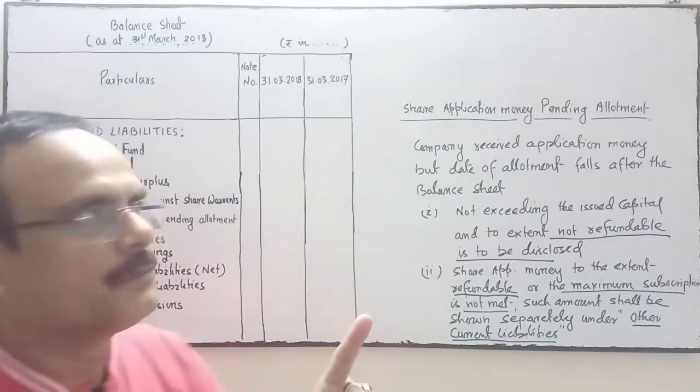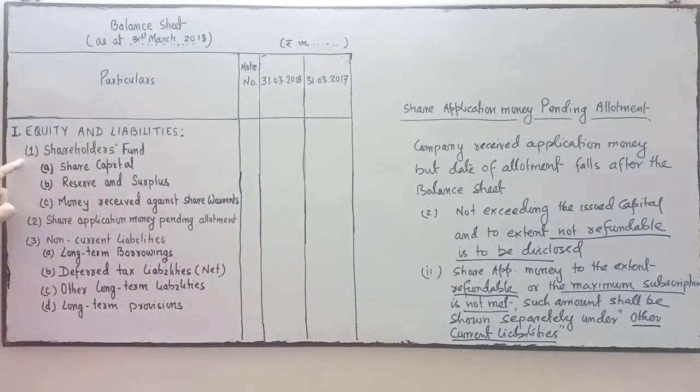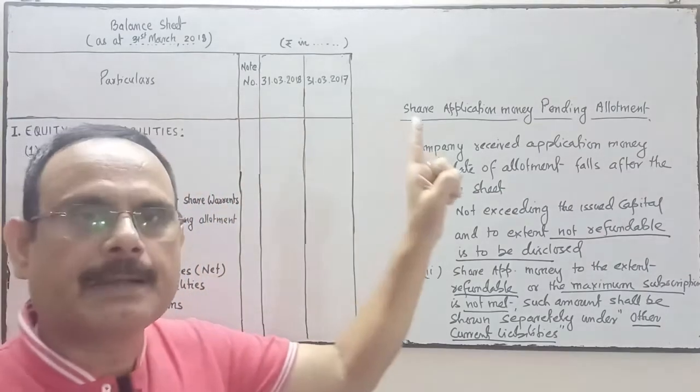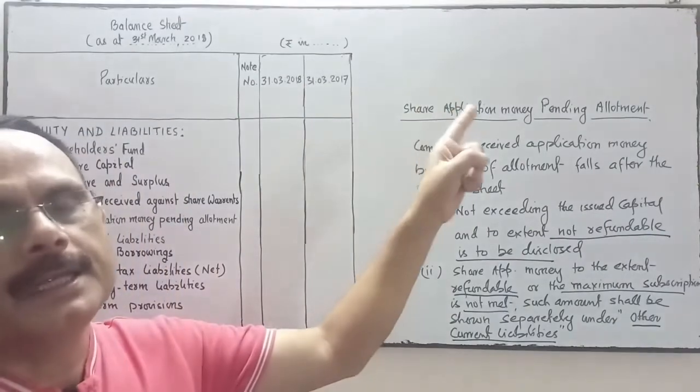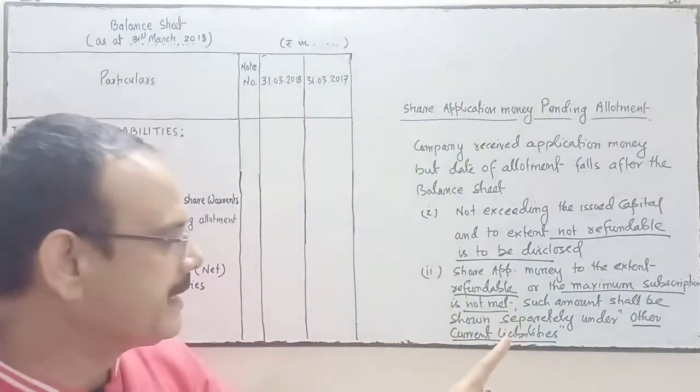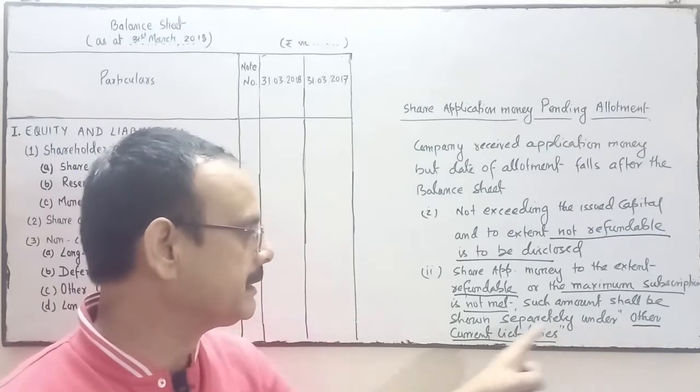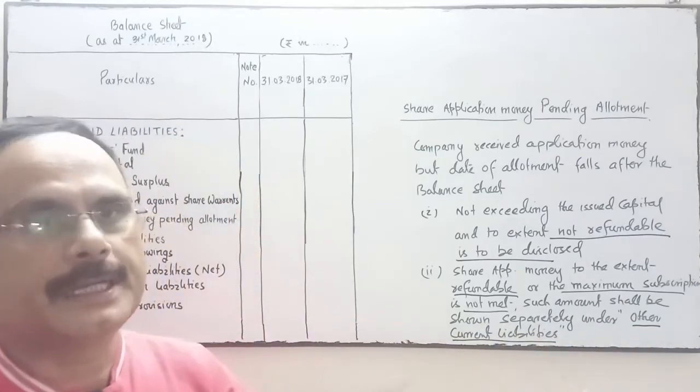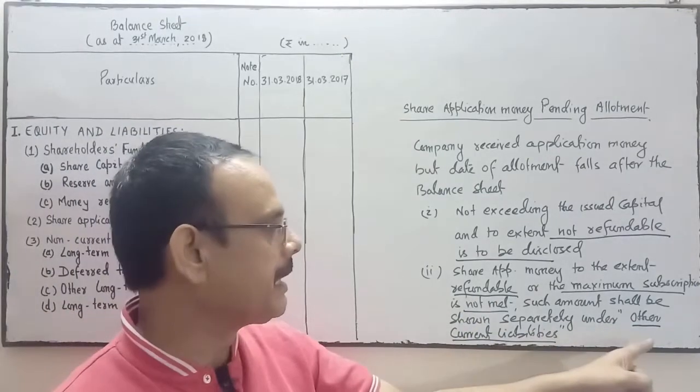The first heading is shareholders funds, then share application money pending allotment, then non-current liability, and the fourth one is current liability. Under current liability, the fourth subheading is other current liability.